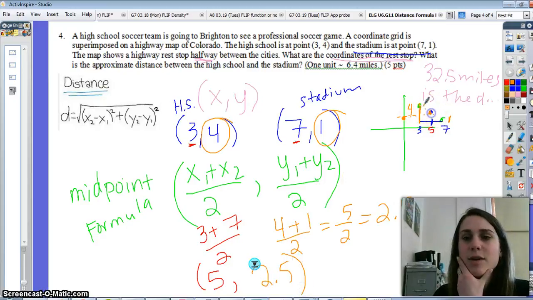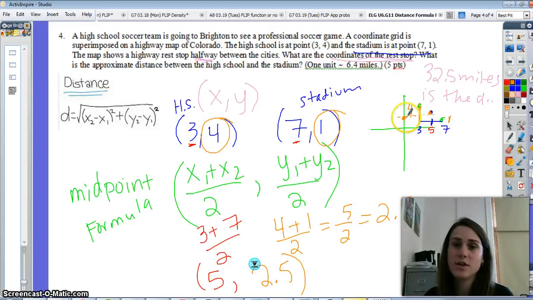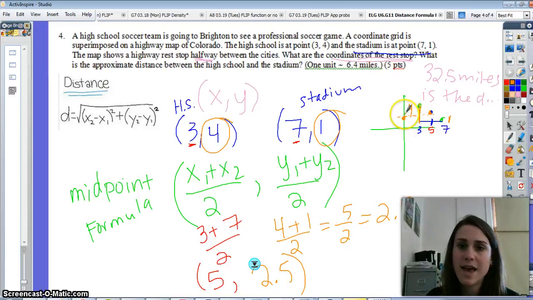So the point halfway between the high school and the stadium is at the location 5, 2.5, or 1, 2, 3, 4, 5 in the x direction, 2.5 in the y direction. That's why it was kind of tricky to figure out that value just by looking at the graph, because it was a half, 2.5 point.